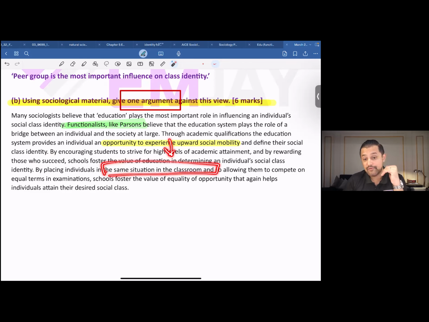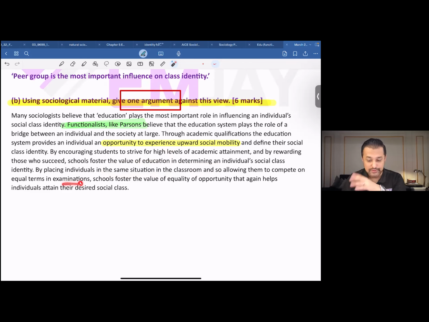The ones who put in effort would, of course, get better grades. Better grades, like I said, better universities. Better universities means better life chances. So by placing individuals in the same situation in the classroom and allowing them to compete on equal terms in examination, now, all of you would sit for the same examination.